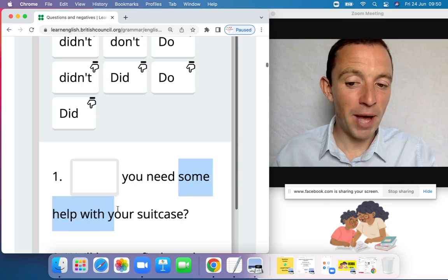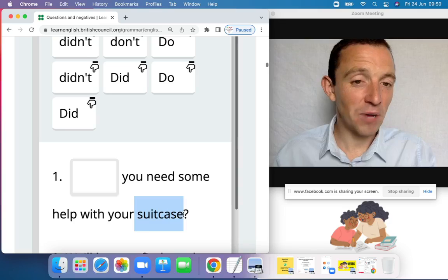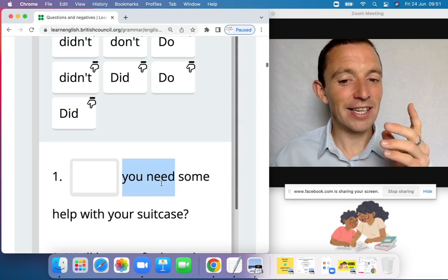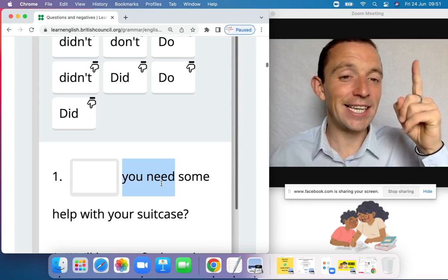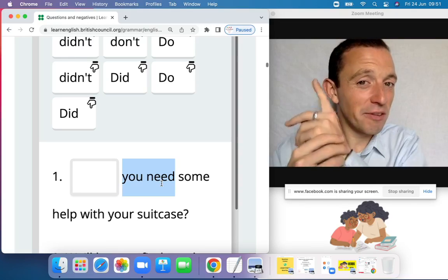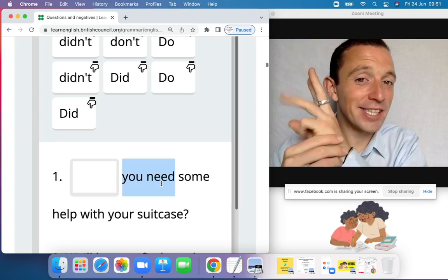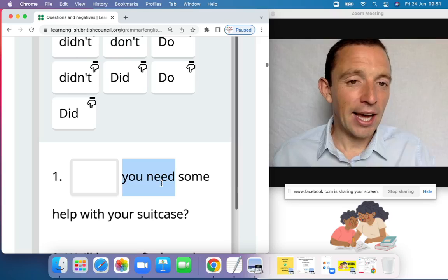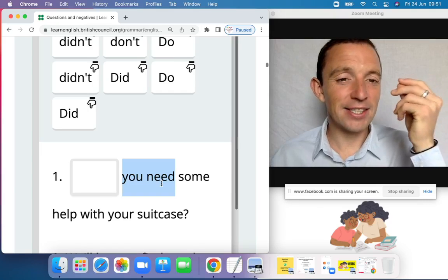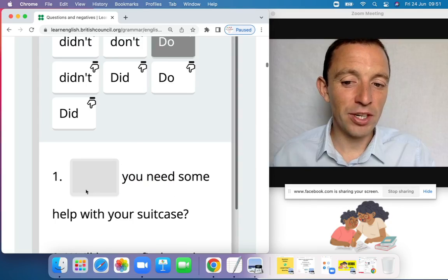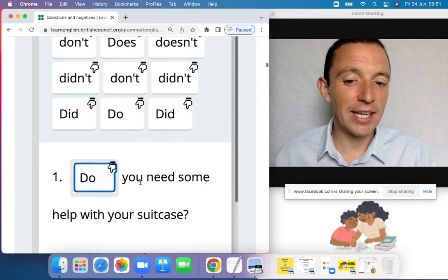Need is the present, and remember, one technique is "need you help", but we don't use that with the verb need because it's not the verb to be nor the verb to have. Therefore, the second possibility is to introduce the auxiliary verb do. Is it do in the present or the past, and what person? Second person, so do you need is the correct one. Do you need some help with your suitcases?